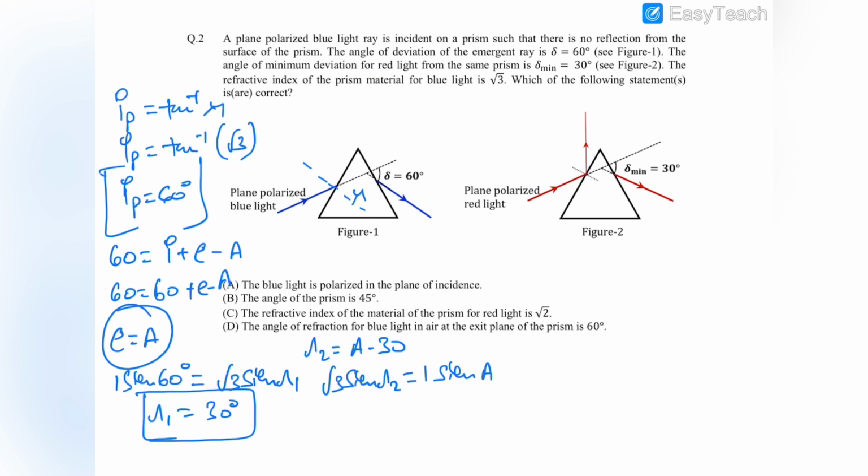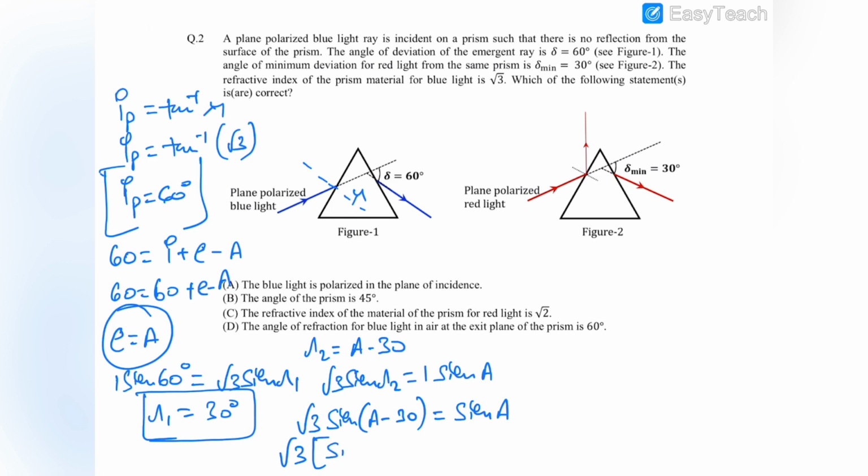Now you can see that r2 is A minus 30, so root 3 sine(A minus 30) will be equal to sine A, and we can open this with the sine(A minus B) formula.